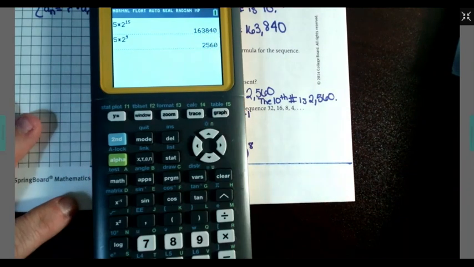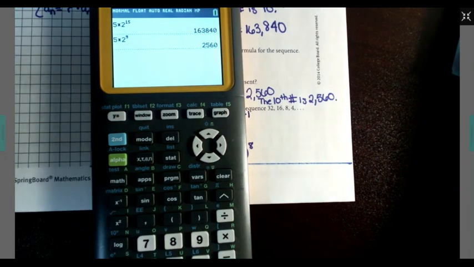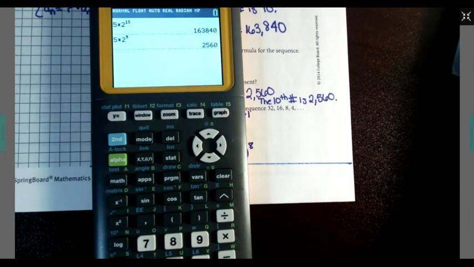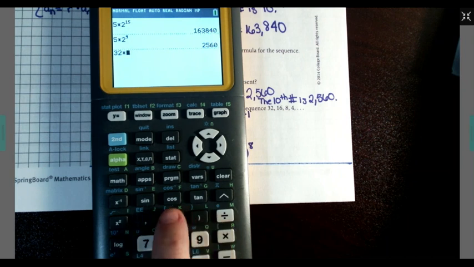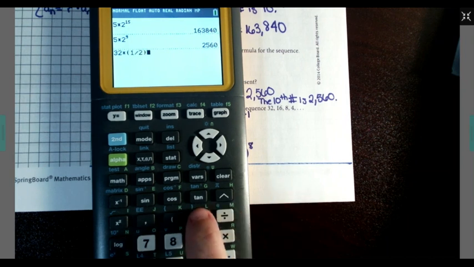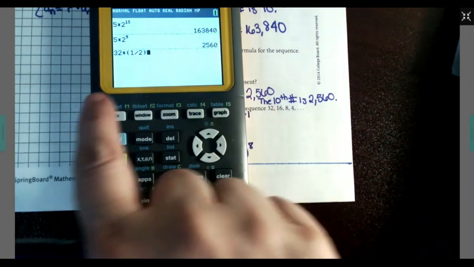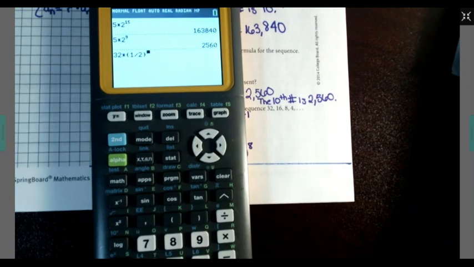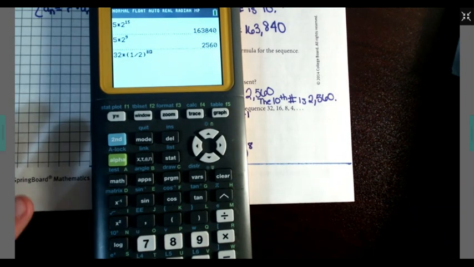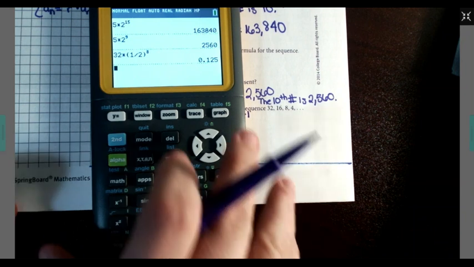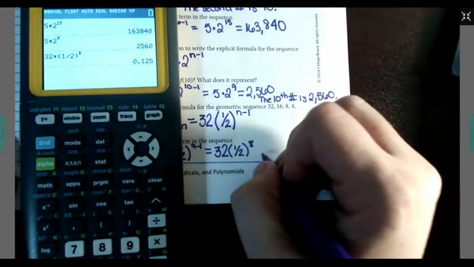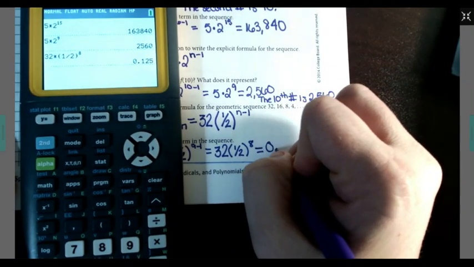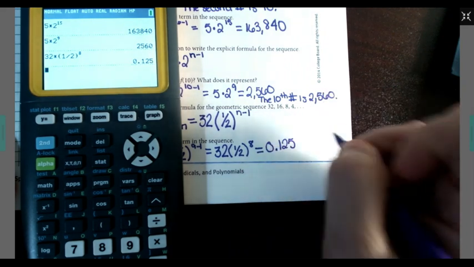I make sure whenever I type this in, because I've got that fraction, I want to put it in parentheses. So we're going to do 32 times 1/2. Notice I put parentheses on that. And then we're raising that to the 8th power. Ooh, I got 0.125.